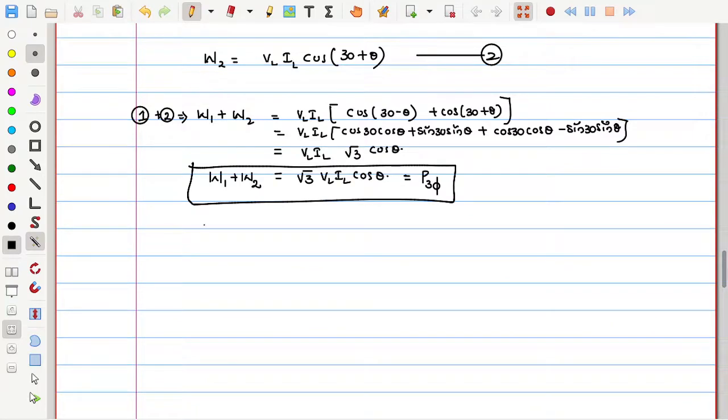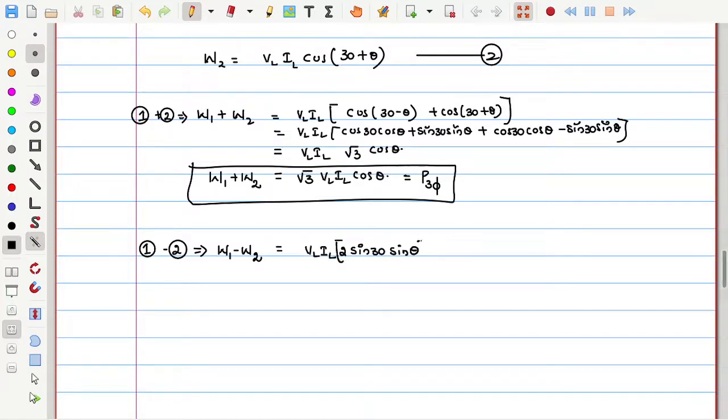Then if I take the difference, that may be 1 minus 2 or 2 minus 1, whatever it may be. Let us see if it is W1 minus W2, what we will get. Check it. So VL IL, what I get here is that these sin terms will be there, and minus minus will become plus, but the cos terms will go away. What I get is sin 30 sin theta, but 2 is there.